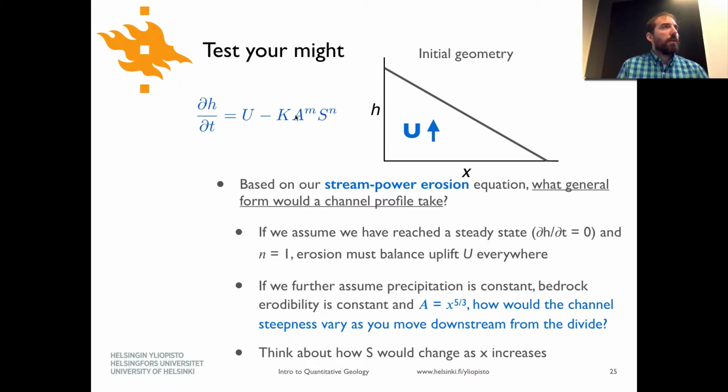And then you've got this area term in there that is going to change. So if this is your hill slope and the area is increasing with respect to the highest point, right? So it's 0 up here, and as you go downstream, the area that you drain gets bigger and bigger. Do you have any idea what the shape of this thing might look like through time?